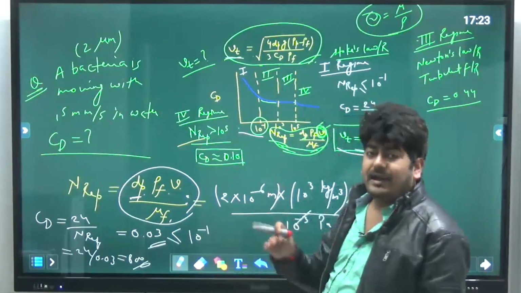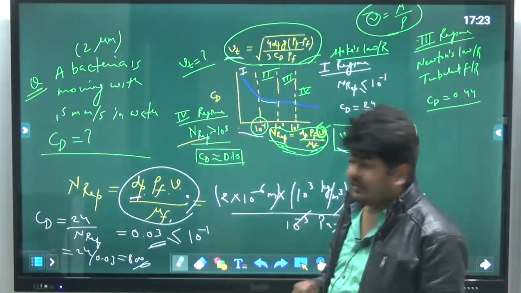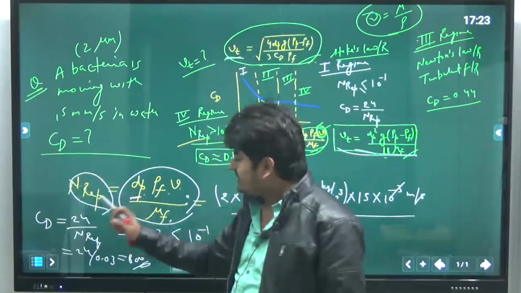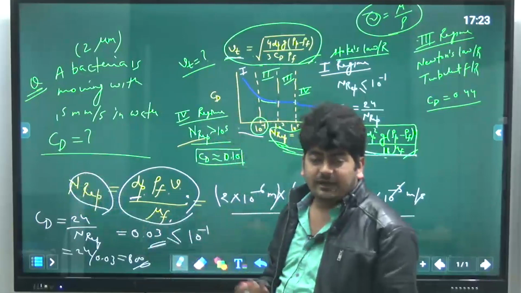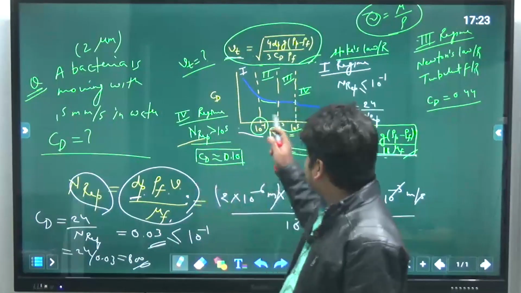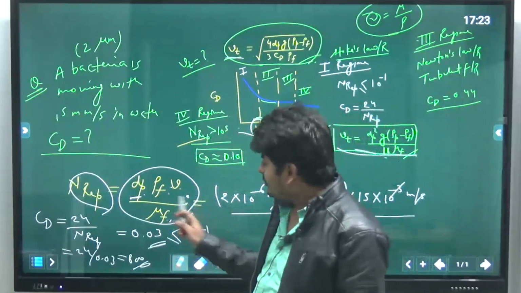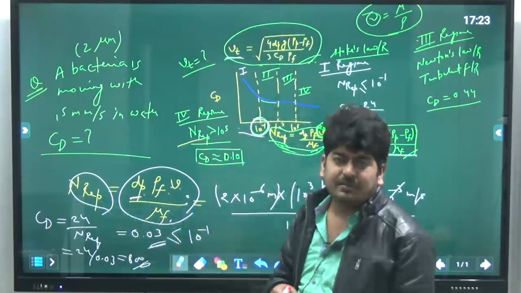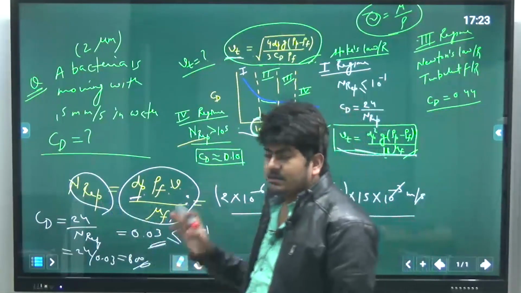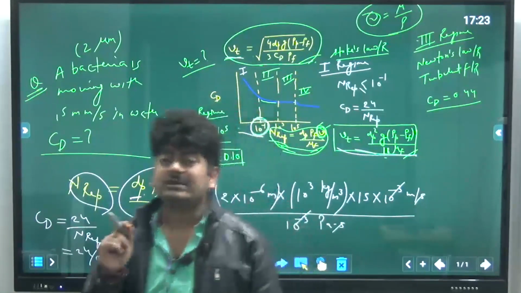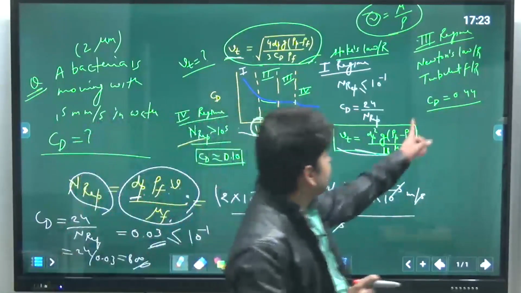And for the maximum particle diameter, the value of this particle Reynolds number should be maximum. And what should be that value? 10 to the power minus 1. Density, viscosity, all those things were given. When you put those values here, you will get that maximum particle diameter. Okay, simple. Similarly, in Newton's law design, CD is this.